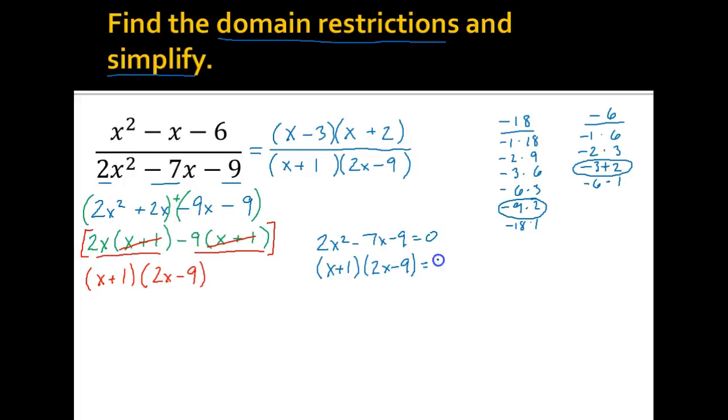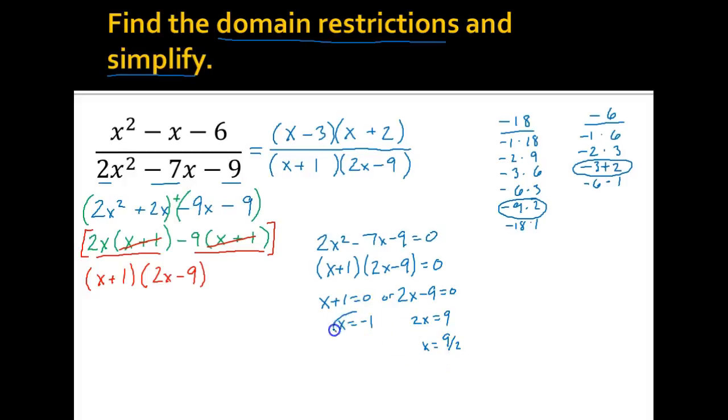Multiply those together, that equals 0. So then x plus 1 equals 0 is one option, or 2x minus 9 equals 0 is the other. And we solve each of those. x equals negative 1, or add 9, 2x equals 9, divide by 2, x equals 9 halves.